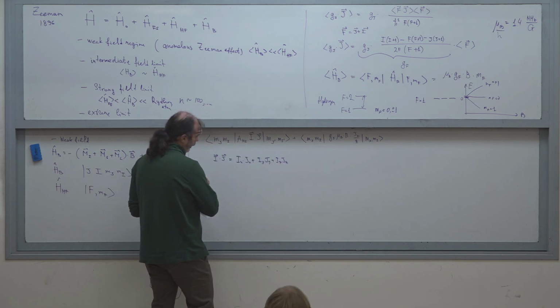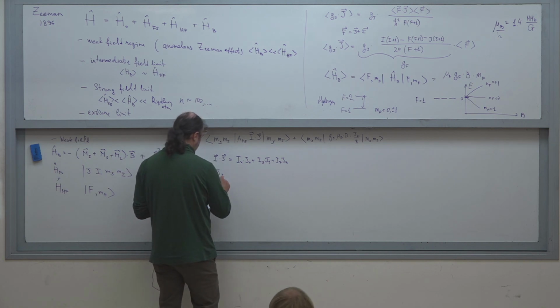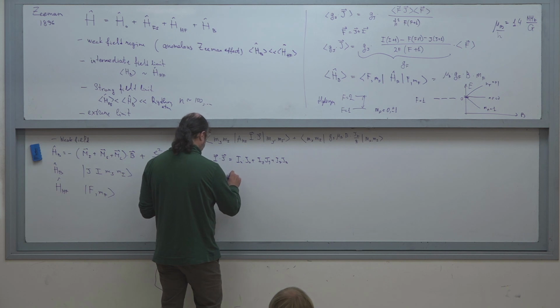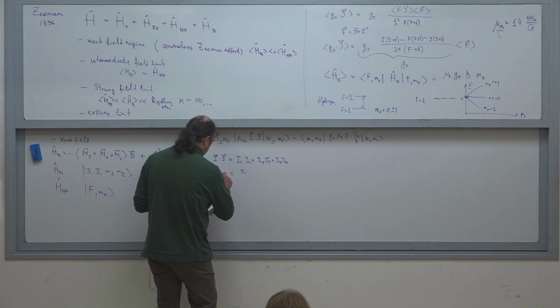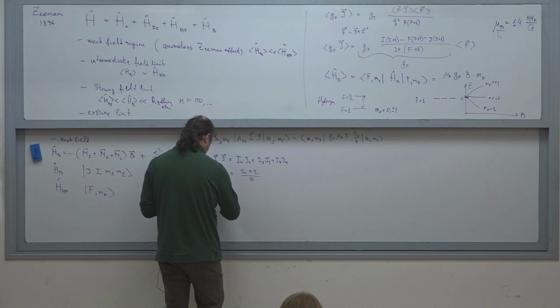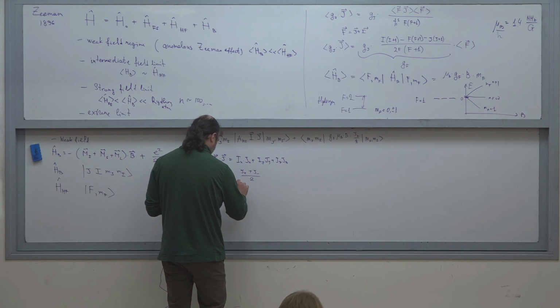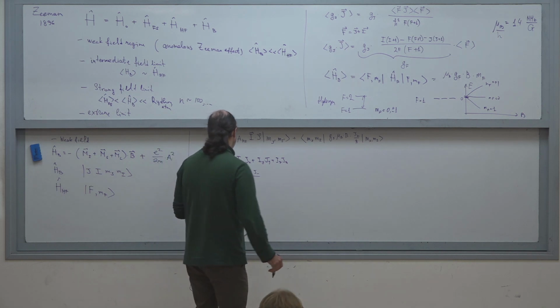Now we can introduce the new operators J_plus/minus and I_plus/minus. J_x is equal to (J_plus plus J_minus) divided by 2, and J_y is equal to (J_plus minus J_minus) divided by 2i. These are the two ladder operators.